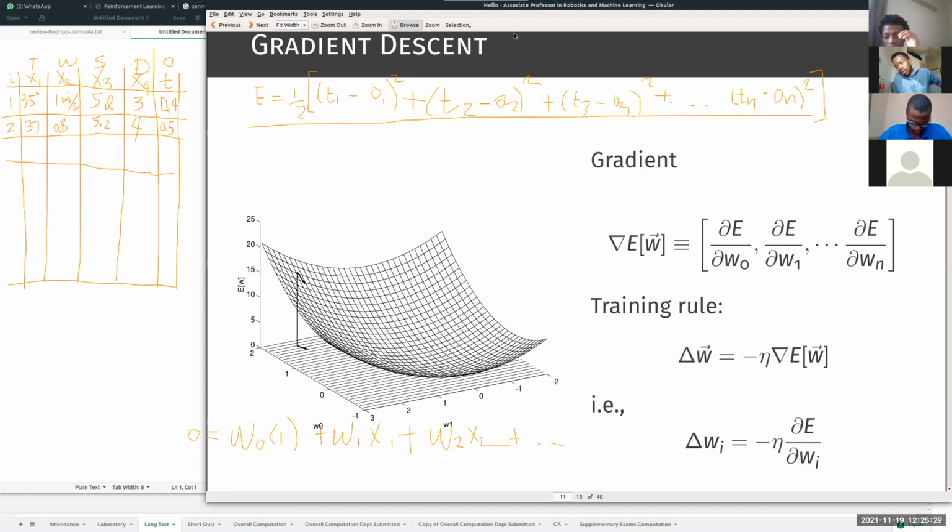Now if you compute your output based on the weights, again, this is the same thing as the polynomial that we discussed: W0 plus W1 X1 plus W2 X2 plus W3 X3 plus W4 X4.